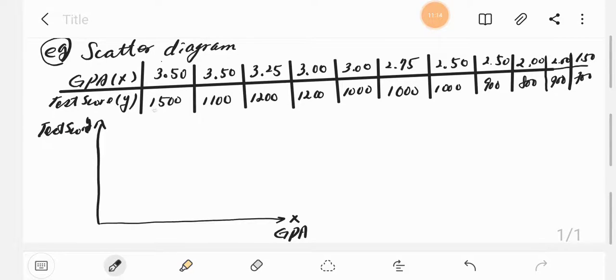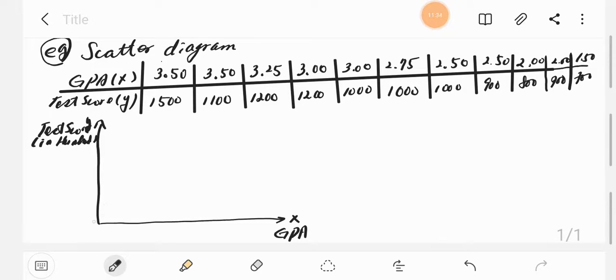Since the test scores are 1,000, 1,500, why don't we make it in hundreds? So we can use only numbers, starting from 1.